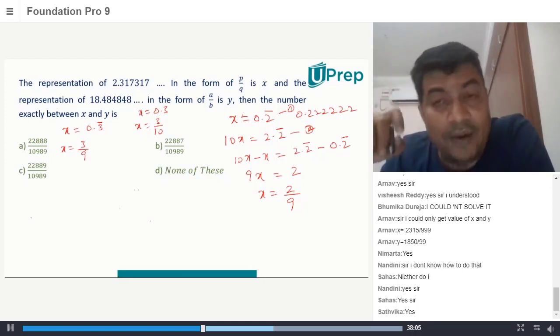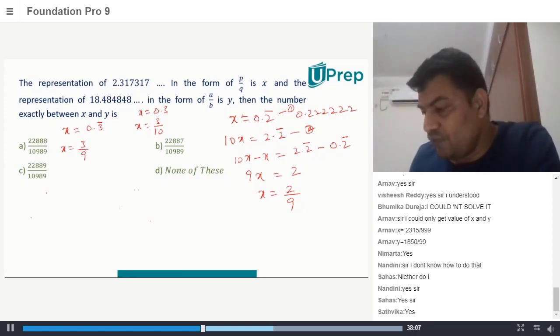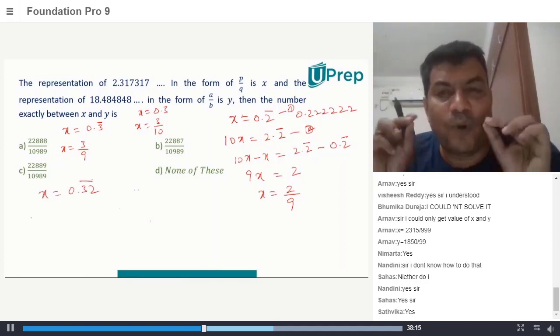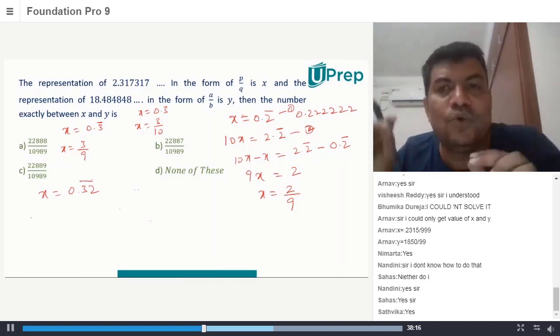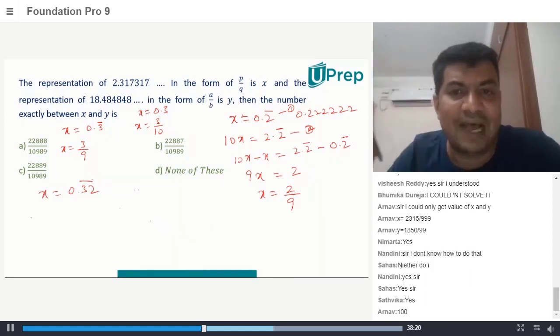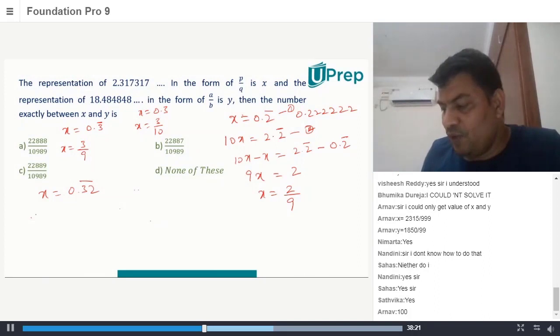Now, let's do a different example. Let's assume we have x is equal to 0.32 bar. What do you mean by 0.32 bar? It is 0.323232 and so on. Whenever we have this, we multiply by 100. Why multiply by 100?